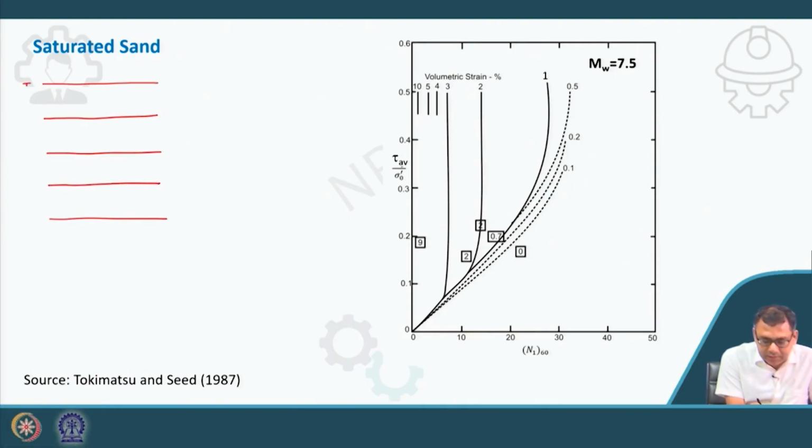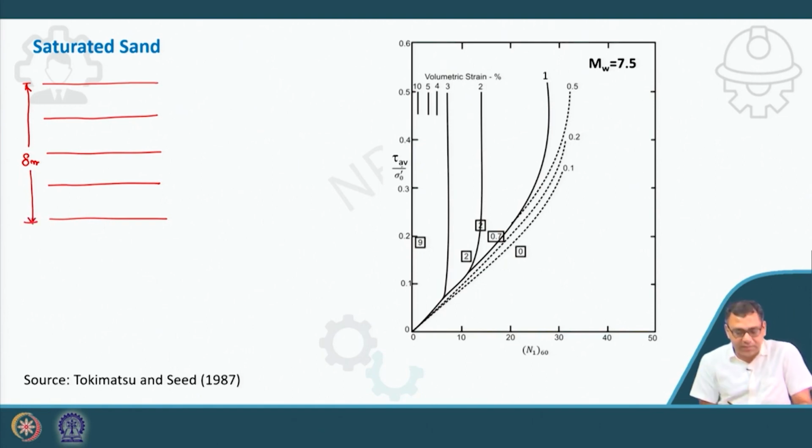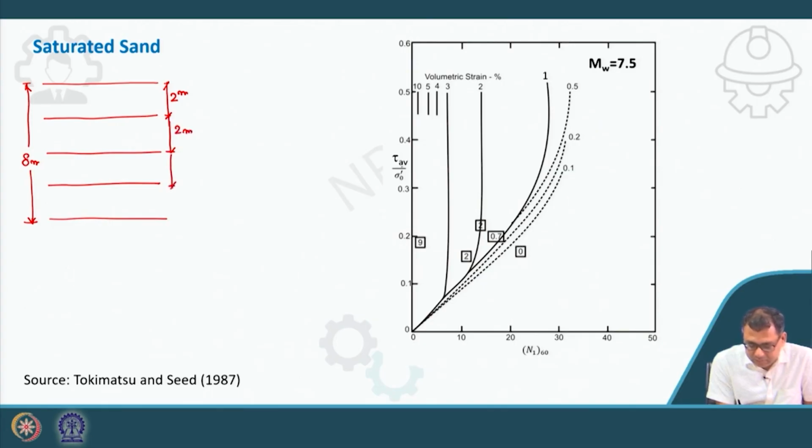Here also we have taken the thickness of the layer as 8 meter, and the sublayer thicknesses are 2 meter each. And here the water table is at the ground surface.